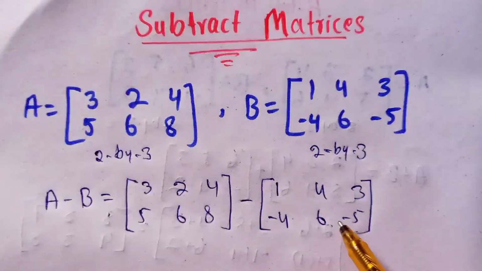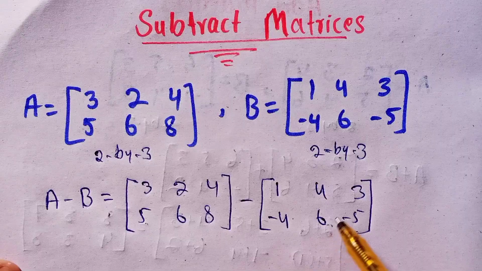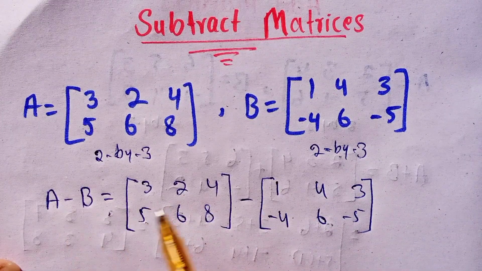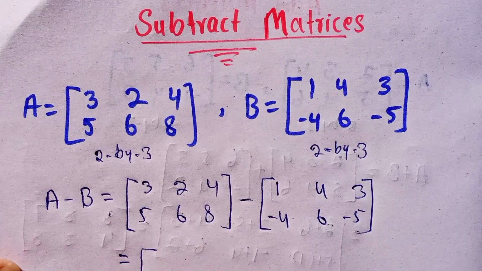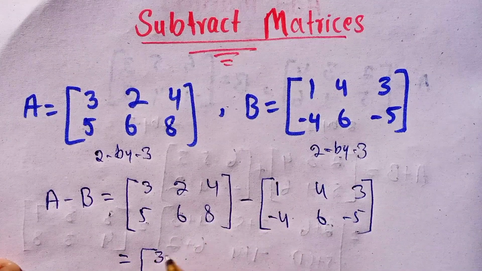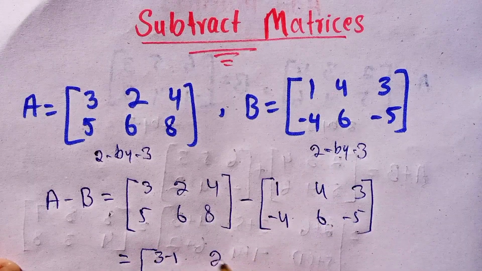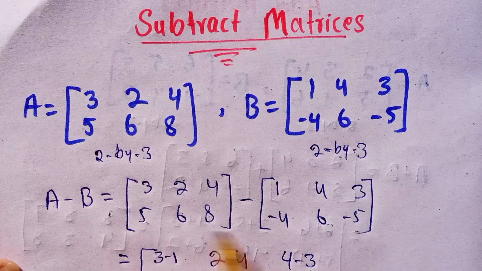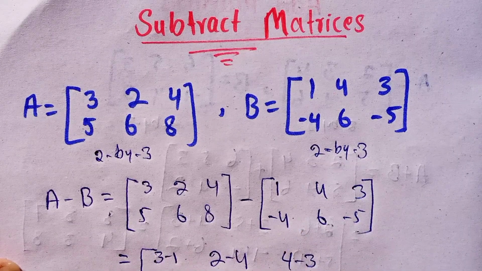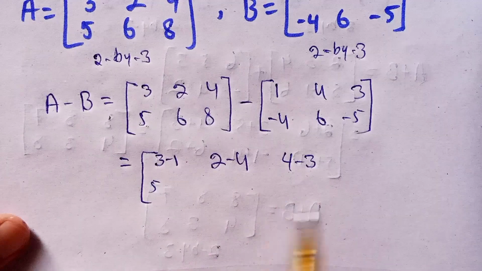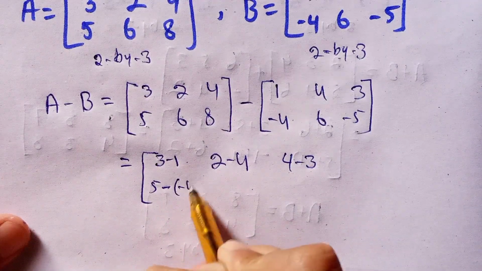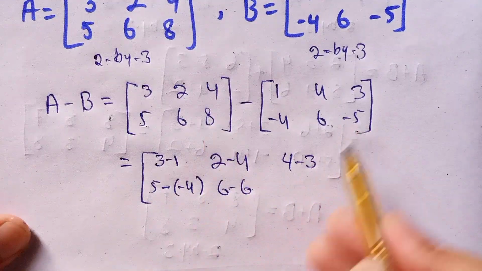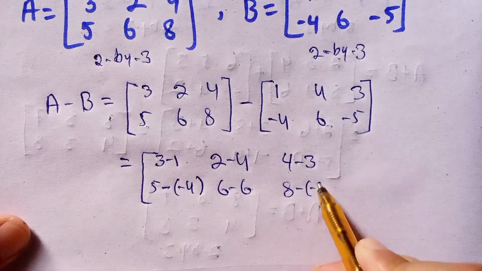Now, just like the addition of the matrices, simply subtract each element of matrix B from the corresponding elements of matrix A. So we have 3 minus 1, 2 minus 4, 4 minus 3, 5 minus negative 4, 6 minus 6, 8 minus negative 5.